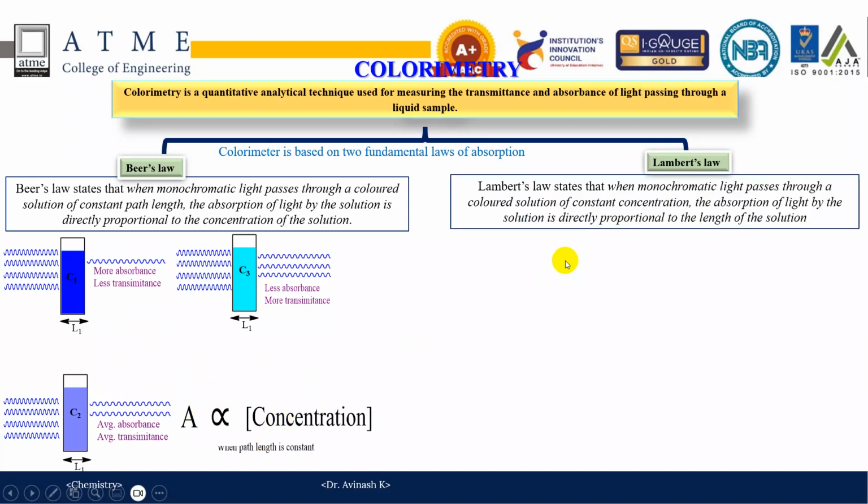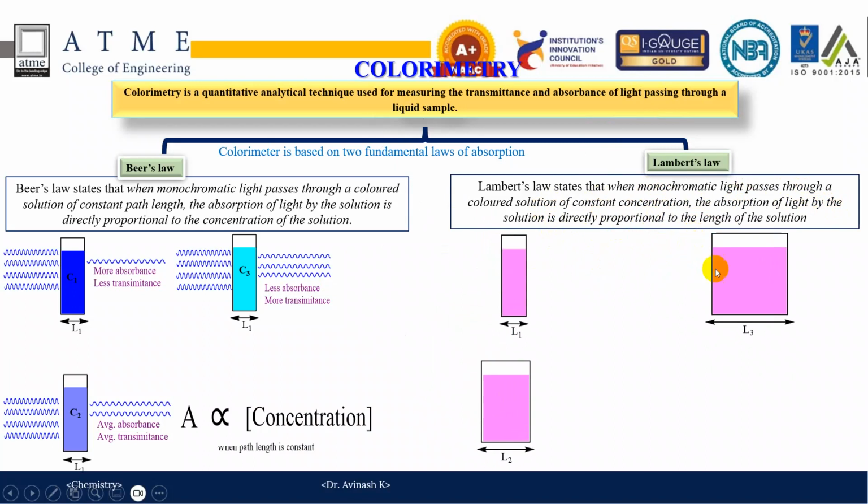Coming to Lambert's law, it states that when a monochromatic light passes through a colored solution of constant concentration, the absorption of light by the solution is directly proportional to the path length of the solution. Again, you can look at the thing where I have maintained the concentration the same, that is the color is same, whereas the path length has been varied.